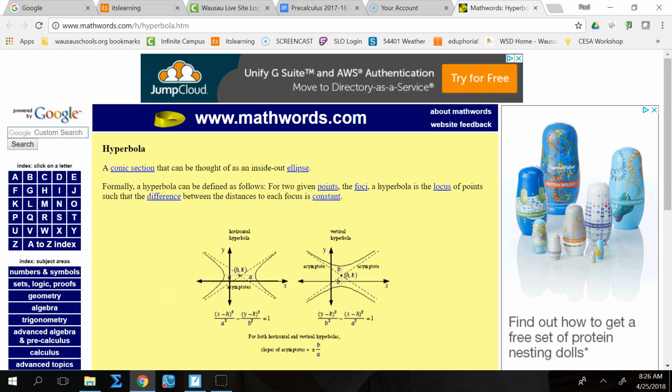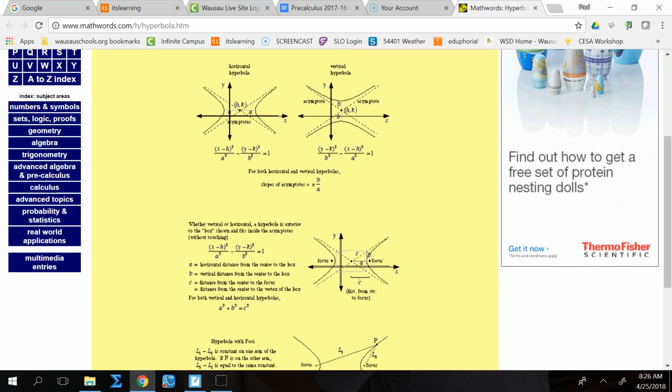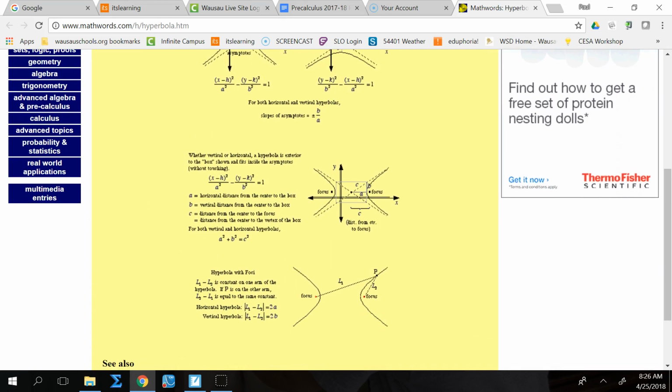Now, the downfall with hyperbolas is there are two different kinds. There's a left and a right hyperbola. There's an up and a down hyperbola. And we'll get into these equations momentarily. How you go about making a hyperbola is actually relatively simple.